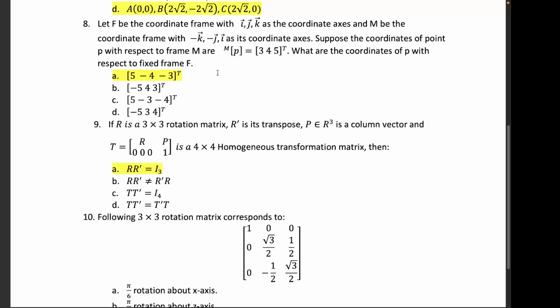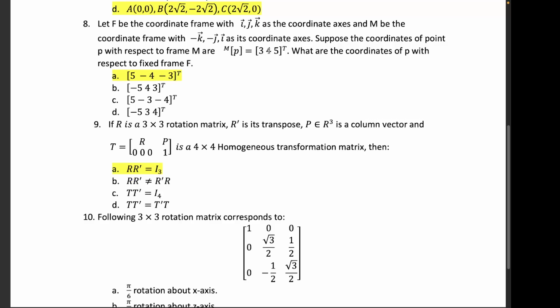So we can do this question in a couple of ways. If you just try to do it directly, we can say that the x coordinate of the M frame becomes the negative of the z coordinate in the F frame. So going by that, if it's 3 in the M frame, then since this is the negative of the z coordinate in the F frame, the F frame value should be -3.